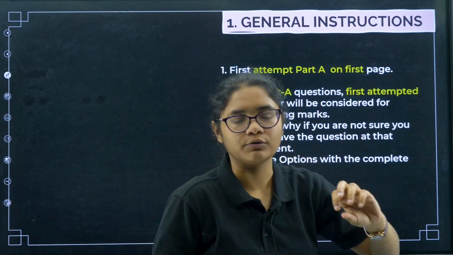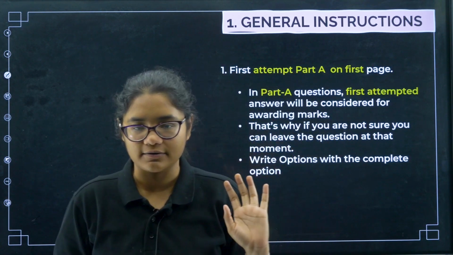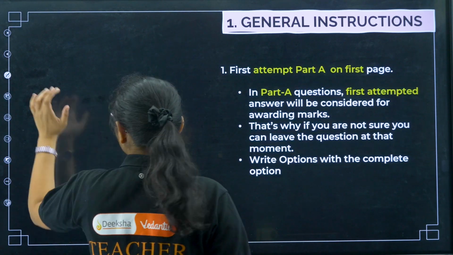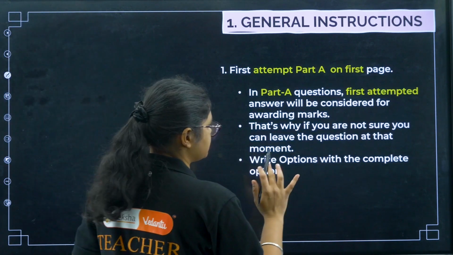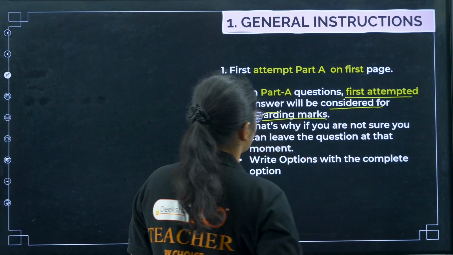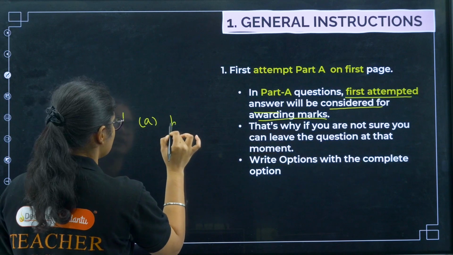Okay, so coming to the first one, that is the general instructions. Both PU1 and PU2 students, you have MCQ questions which has 15 questions in that, right? So here you must follow some instructions, that is part A, the MCQ questions. The first attempted answer will be considered for awarding marks. For example, suppose question number 1 has 4 options.